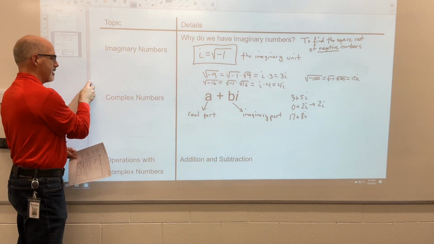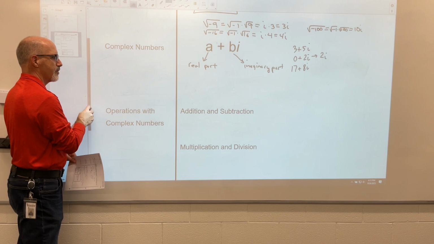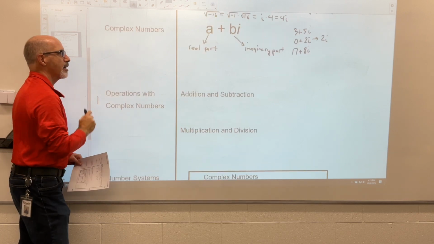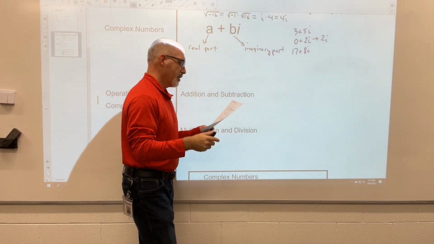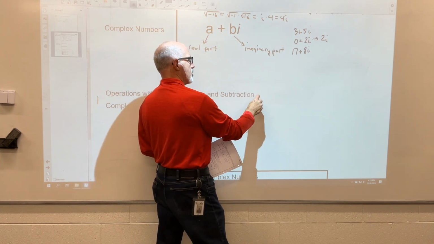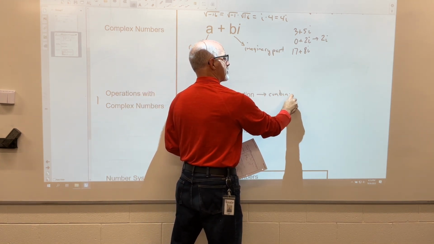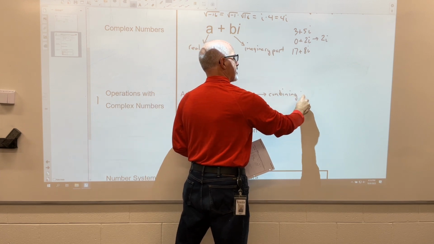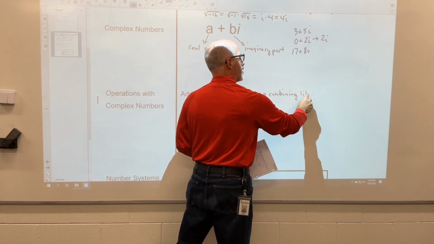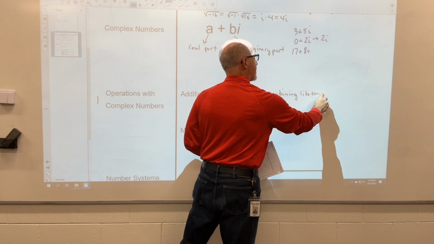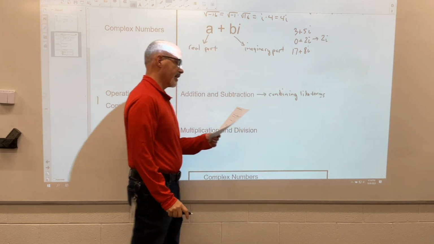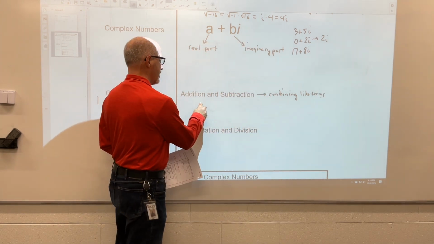We're going to talk about addition and subtraction first for these complex numbers. So initially you want to be thinking about combining like terms, just like you do with x's and y's. Here's an example.